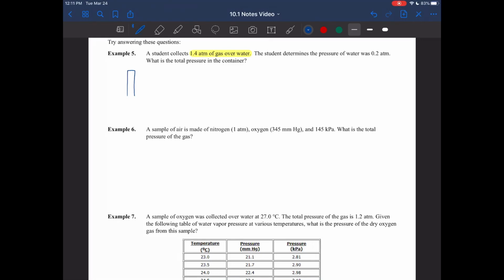Then you submerge it in water. Like this is filled with water, you turn it upside down into a plate full of water. So then everything is just water right now. That's water, this is water, you get the picture.